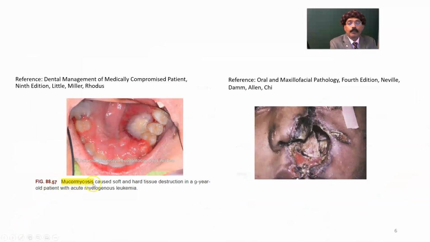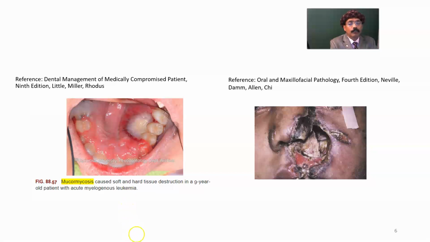Here mucormycosis caused soft and hard tissue destruction in a 9-year-old patient with acute myelogenous leukemia. In leukemia we have a lot of leukocytes, but they are not mature and not able to phagocytose; they have lost their normal function.